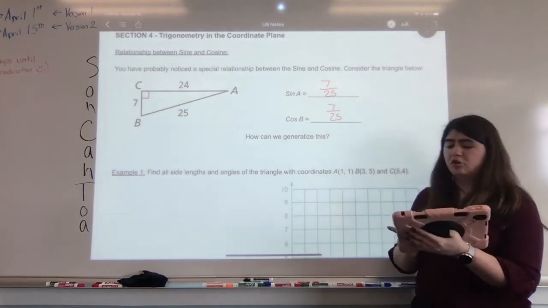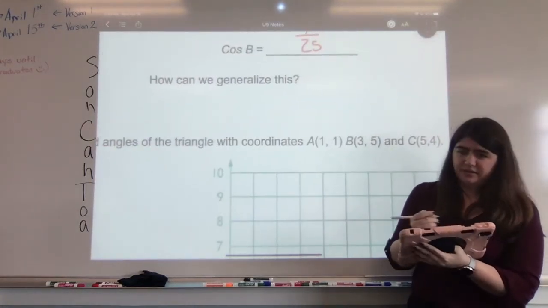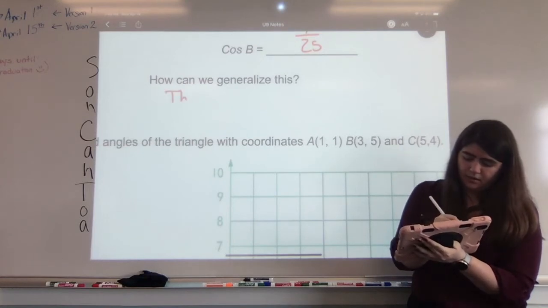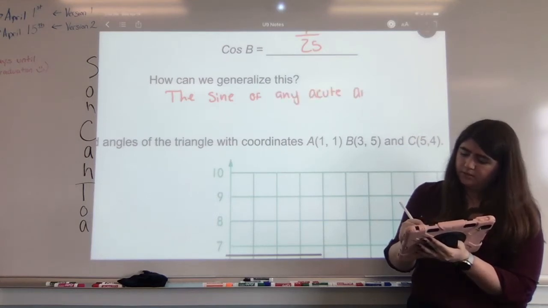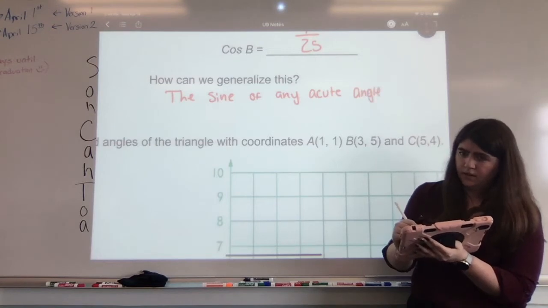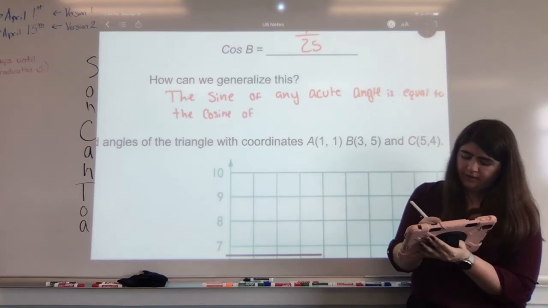So in general, when it says how can we generalize this, what we're going to say is the sine of any acute angle is equal to the cosine of its complement.